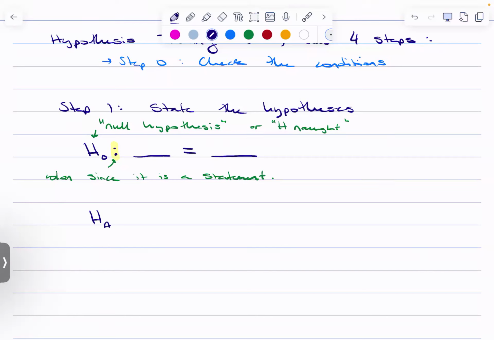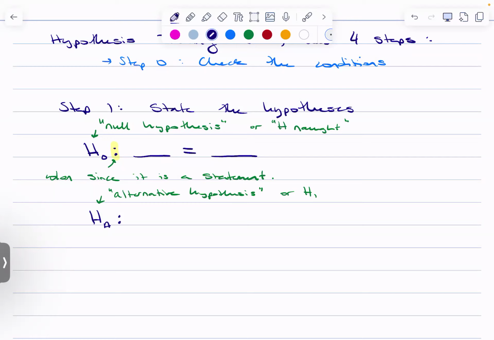You can use H1 if you want. This is your alternative hypothesis, or H1. I think in biology, they like to use H0, H1, but I like HA.